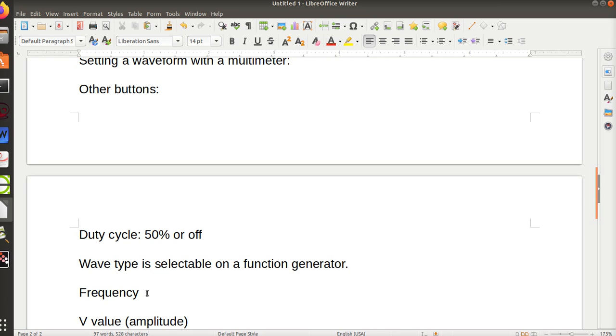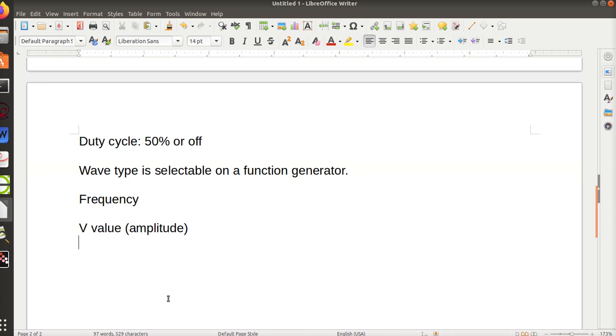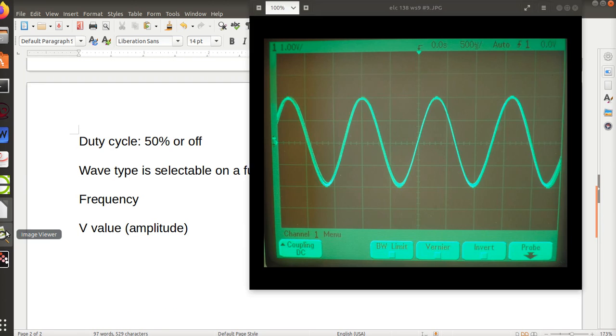Sometimes there is a button where you can select the frequency range. So sometimes you got to get the frequency range button right for a certain frequency. And then the amplitude is usually at the other end. So a value for amplitude, so you can make the signal go up and down.